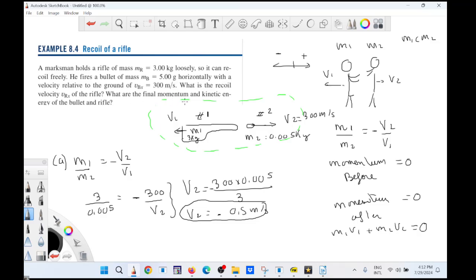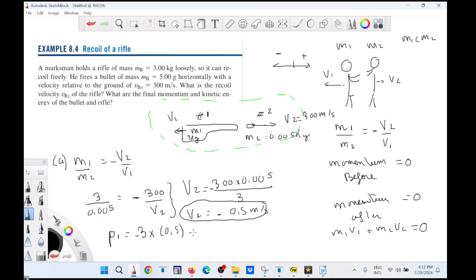So what's the final momentum? Each one will have the same momentum, right? For example, if I take the rifle, I'm going to have the mass, 3 kilograms, times the speed, 0.5.